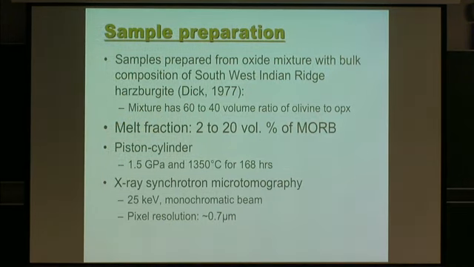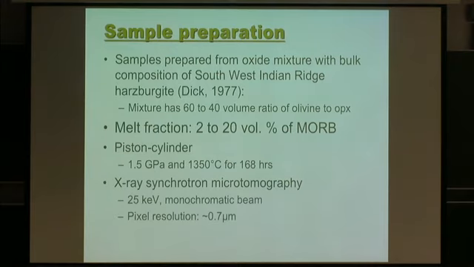These are the samples where we used the oxide mixture from the bulk composition given by Dick's 1977 paper, from the Southwest Indian Ridge harzburgite. I have a detailed list of how much of each MgO, CaO and so on, that I'm not listing here, but it's published in our paper.